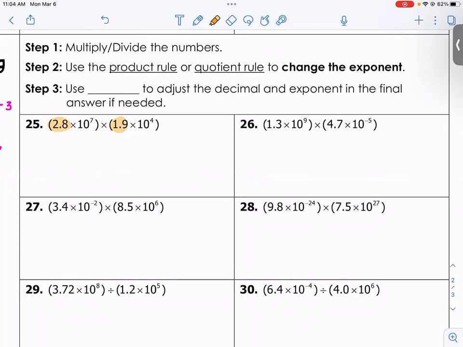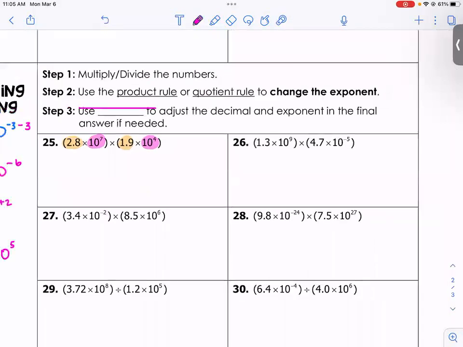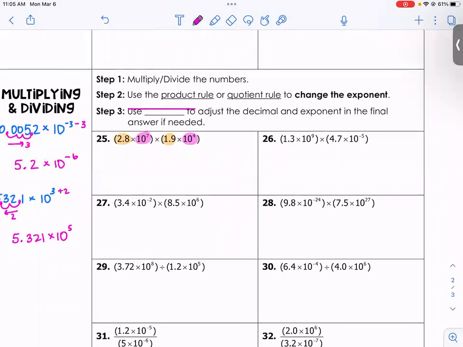Then your second step is to use the product or quotient rule, depending if you're multiplying or dividing, to adjust the exponent for 10 to the power. Now, if it doesn't look like scientific notation, then we would need to adjust the decimal. If we move it to the left, we're going to add to our exponent. If we move it to the right, we're going to subtract from our exponent. Okay, that's what we just did.